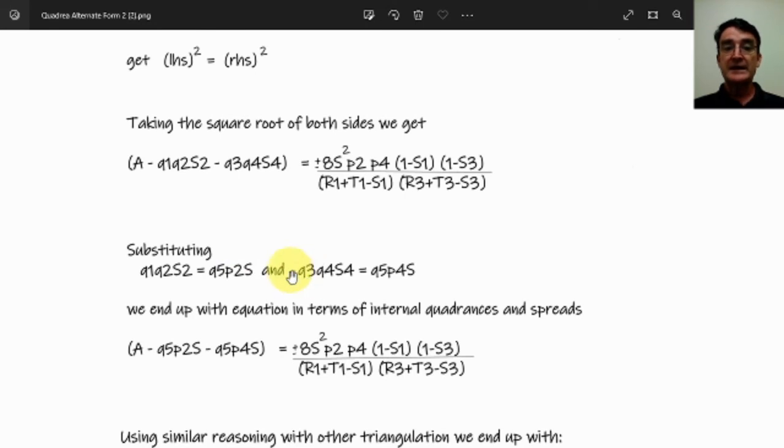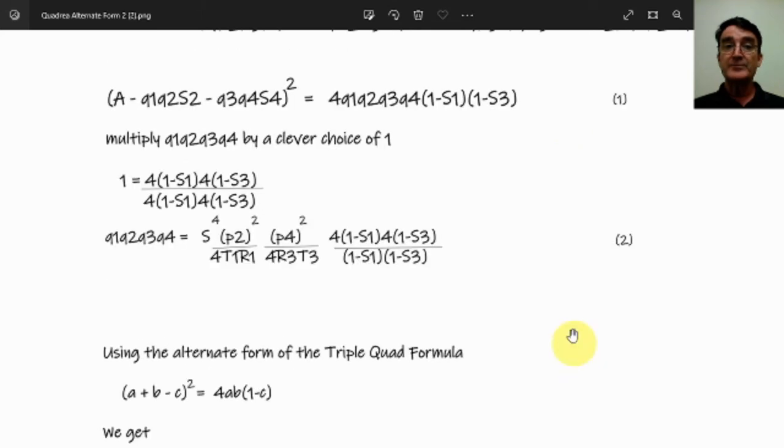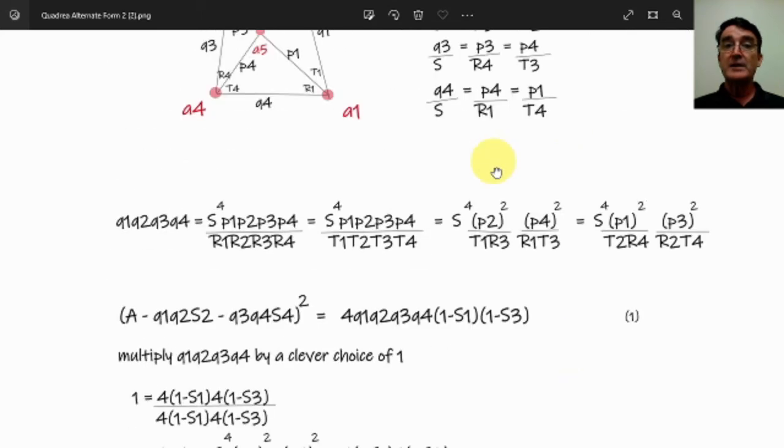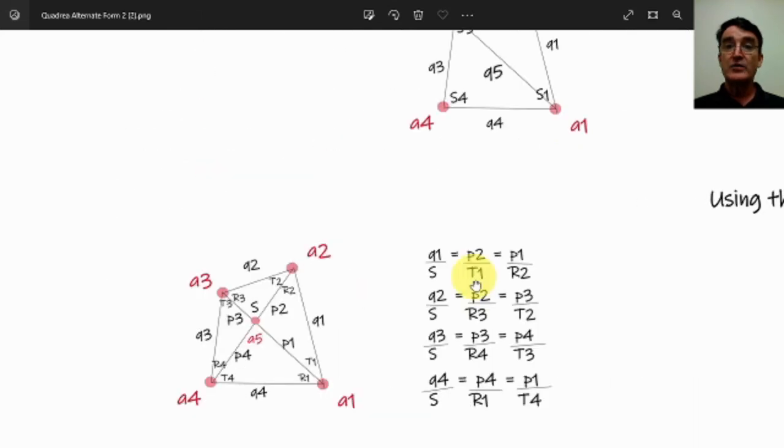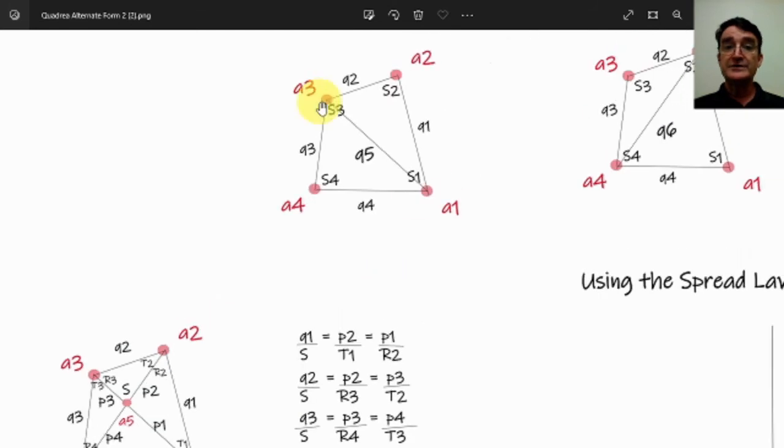And we also have Q3 times Q4 times S4 is equal to Q5 times P4 times S. So back up to our projective quadrangles. So we're looking at this triangulation here where we have a Q5.